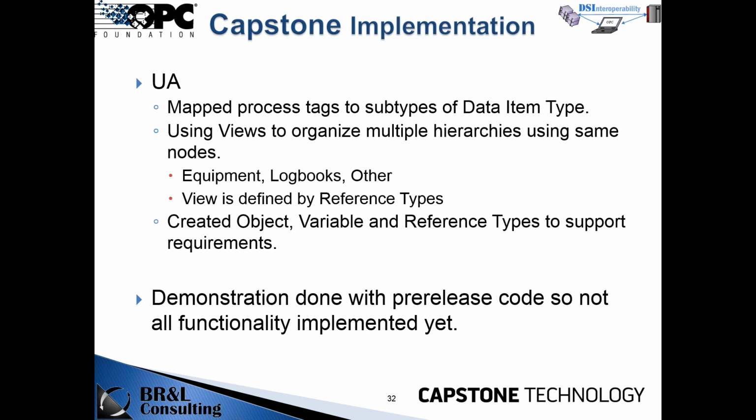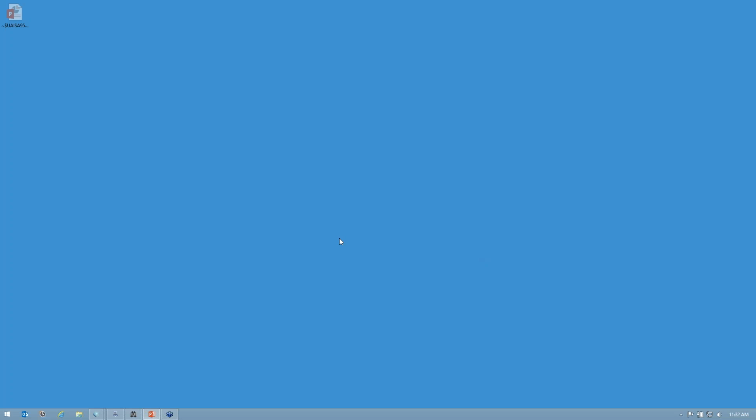And then we created objects and variables and references to support the requirements of our existing product. And I'm going to move into the demo now. The demo is pre-release, and not all functionality is there. One thing that is not there is the add edit capability, so I'm not going to try to add any piece of equipment.